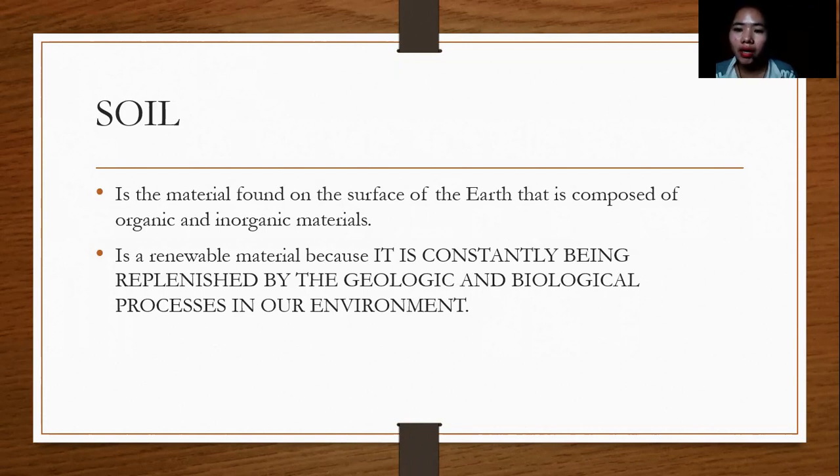So well, soil is a renewable material because it is constantly replenished by the geologic and biological processes in our environment. So even animals or the mga animals na nag-crawl sa ground, they help also. That's the reason why the soil is renewable. And when we say geologic, it means a natural process that is happening around us. So it helps also to make the soil renewable.